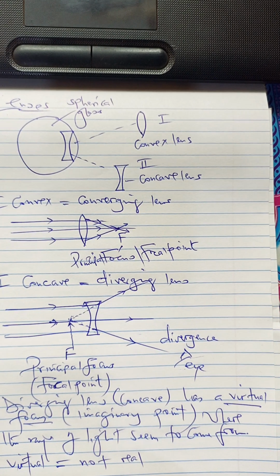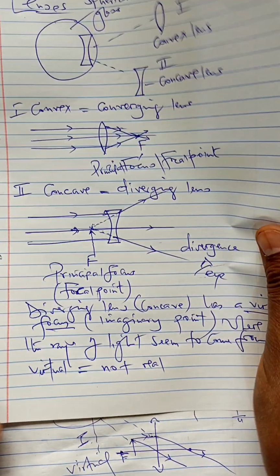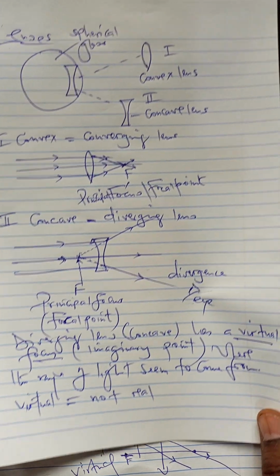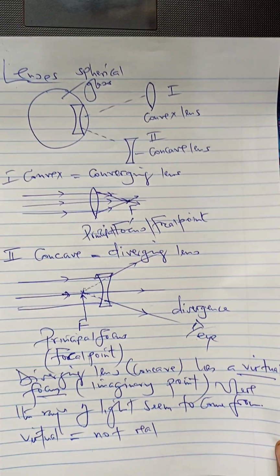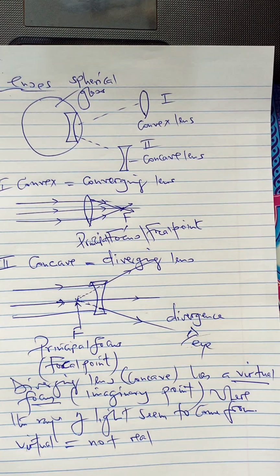So the principal focus of a convex lens is real, but that of the concave lens is not real. So that's the main difference, or the main characteristics of the two types of lenses.